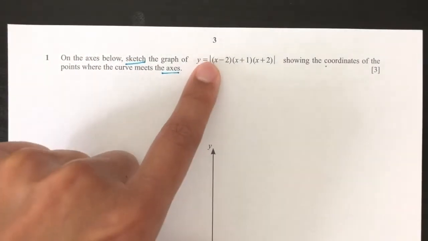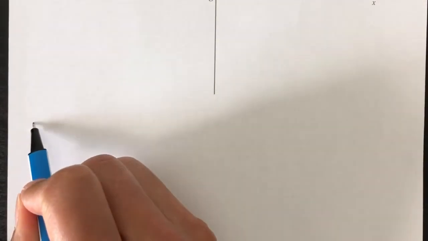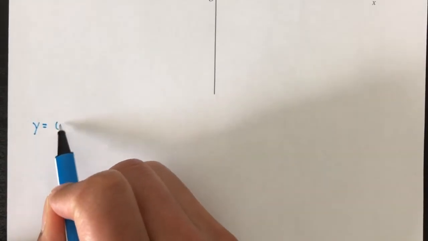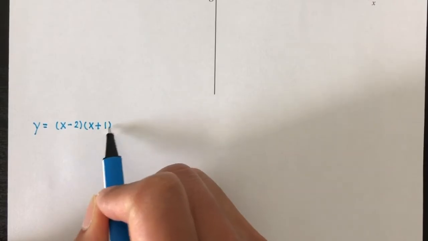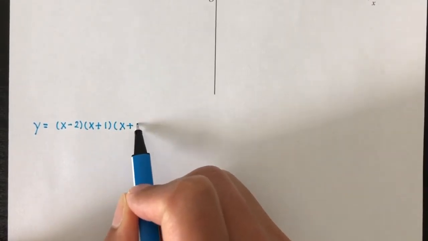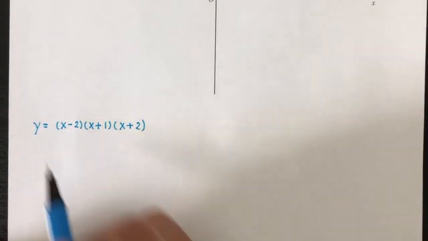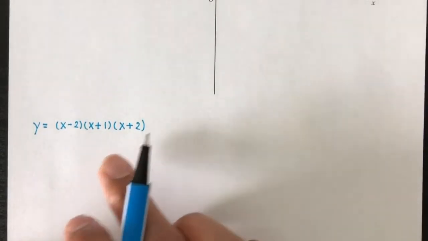The first step, always, as I do, is to ignore the modulus. So let's just say y is equal to (x minus 2)(x plus 1)(x plus 2). Now we need to know where this meets the axis.